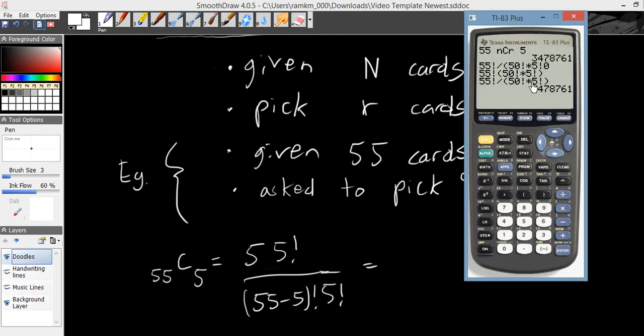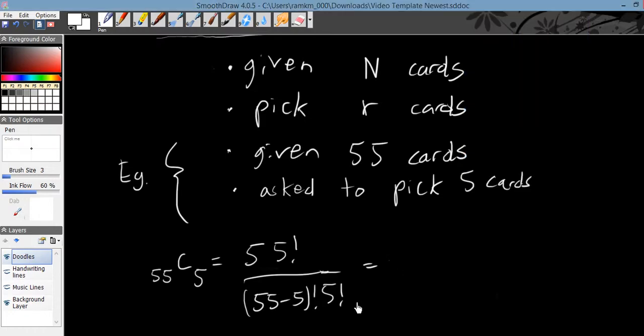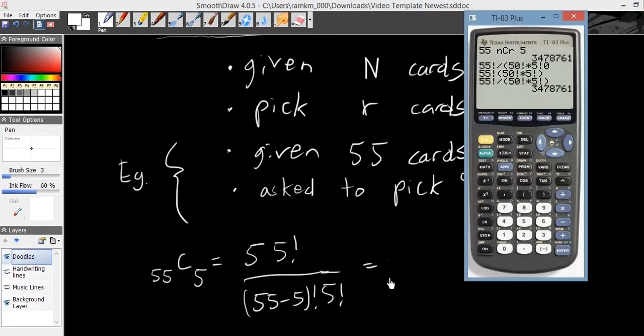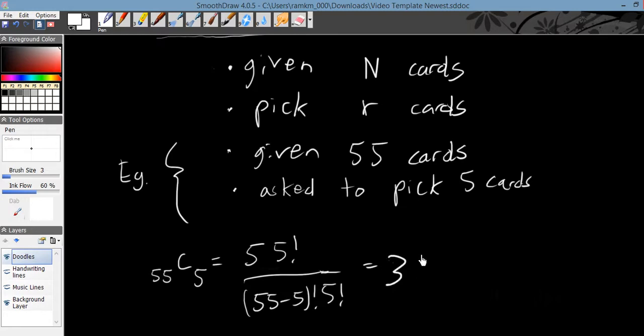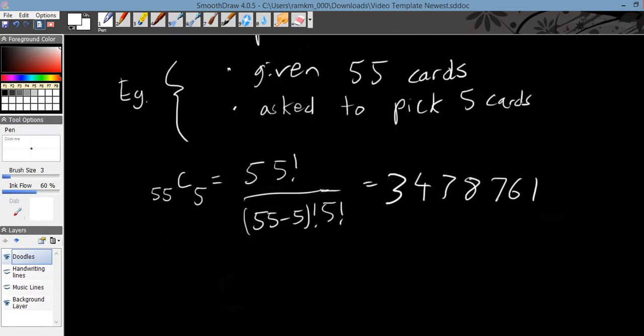As our TI-83 Plus app shows us, 55 choose 5 is 3,478,761, and if we just calculate it as 55 factorial over 50 factorial times 5 factorial, we get the same answer, 3,478,761.